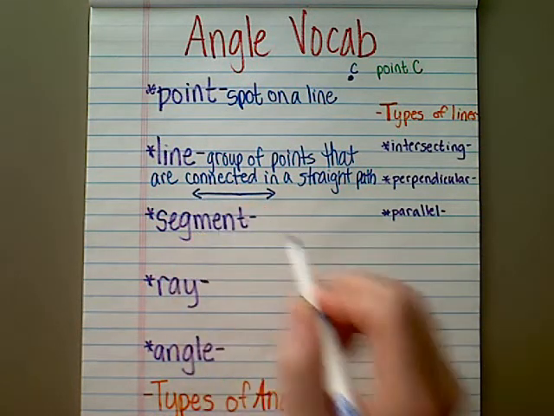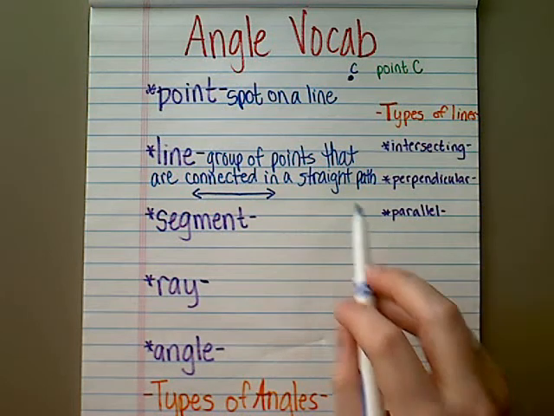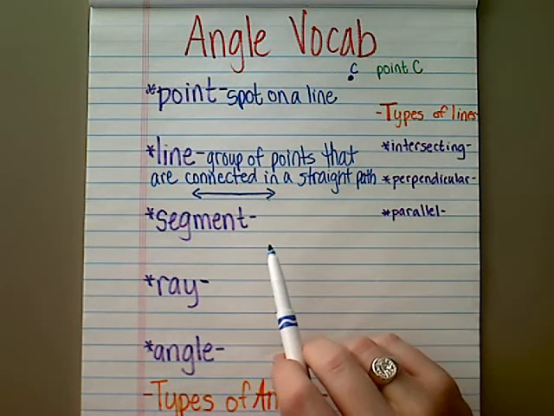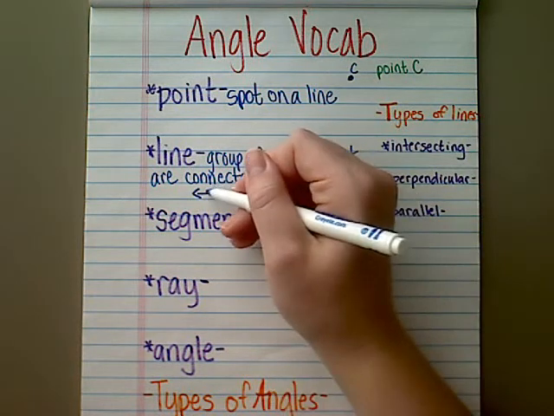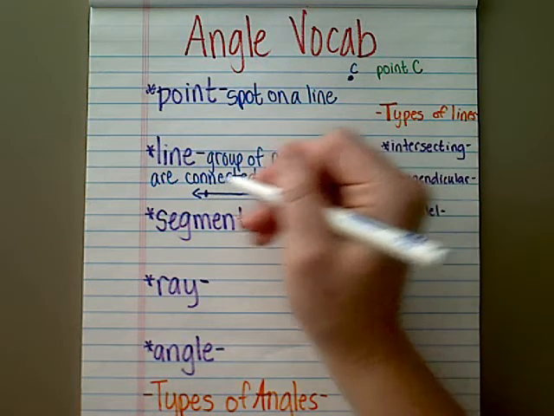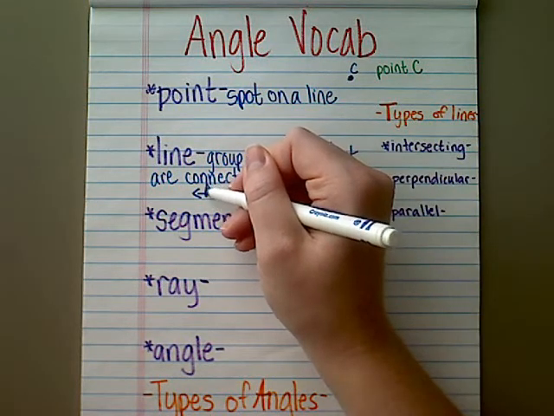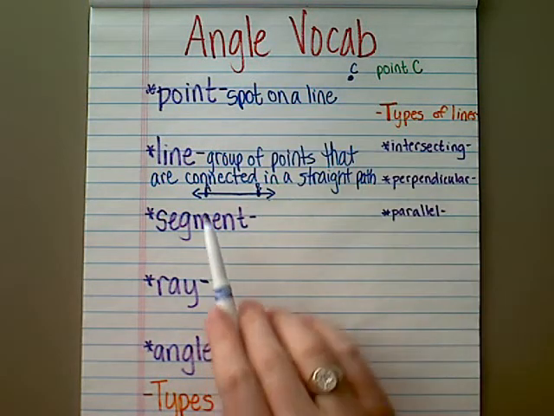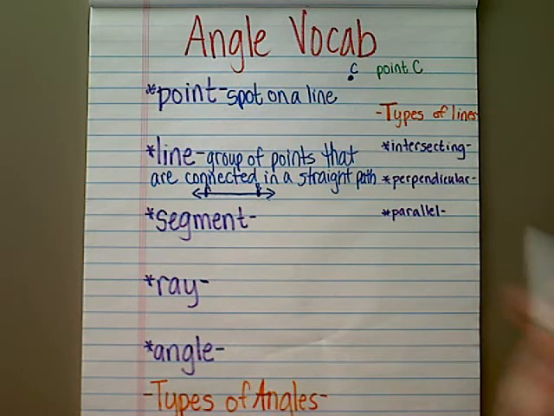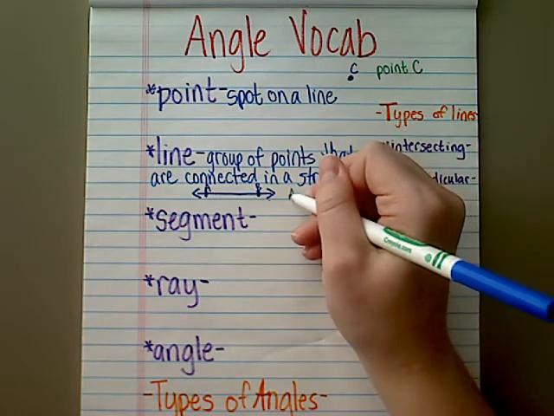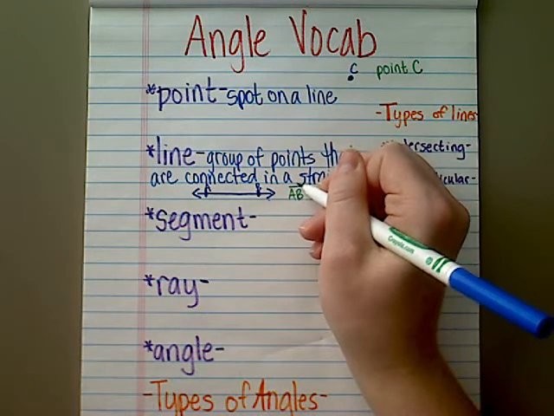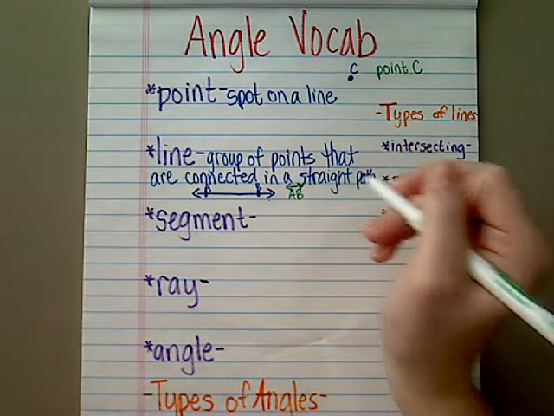And with lines, it's important to remember that they go on forever. So we have the arrows at the end instead of leaving those off. And we name a line by identifying 2 points on it. So this would be line AB. And we would notate that or write that down as the capital letters A, B, and then put the line notation over it.